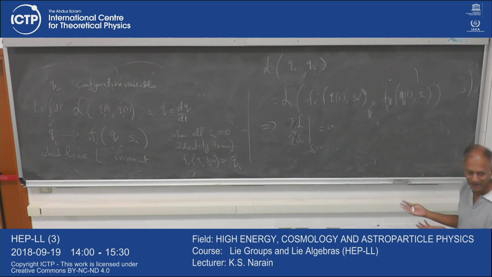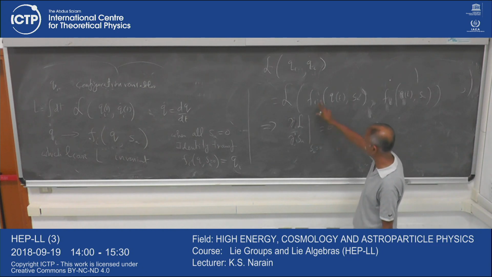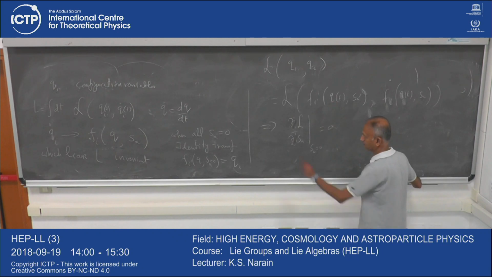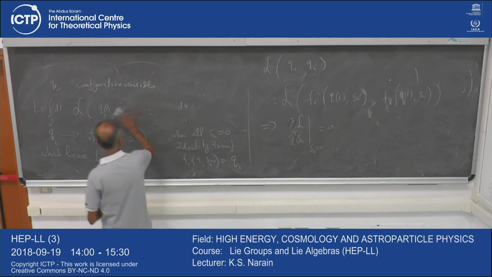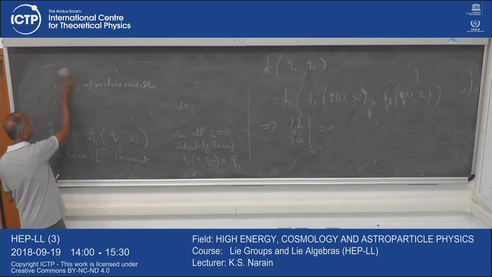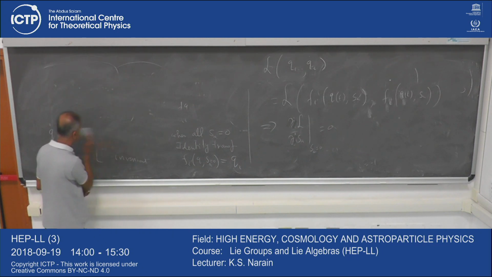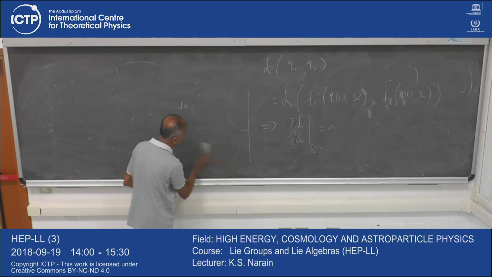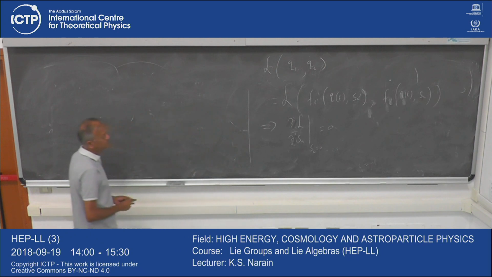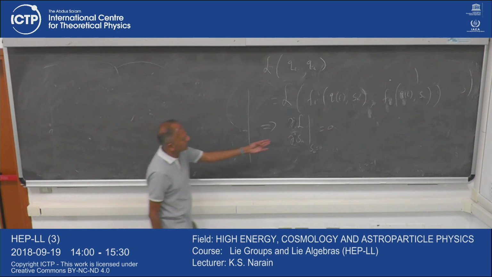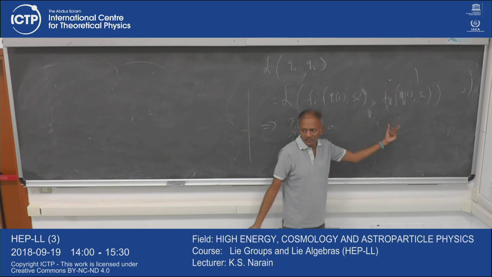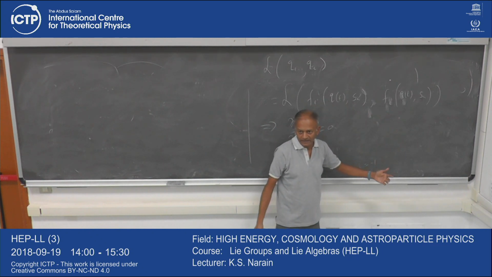It's like an empty statement, right? It looks obvious. But let's see what it means. Let's just take the derivative explicitly, and maybe I can do it here. One has to just apply the chain rule. The only way s^a enters here is through F_i and F_i dot.